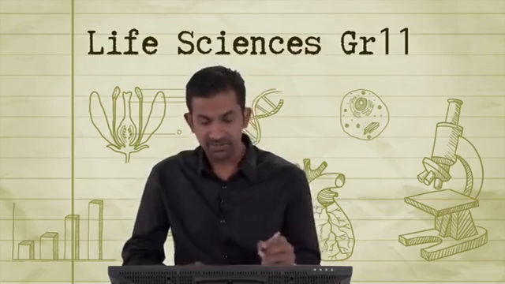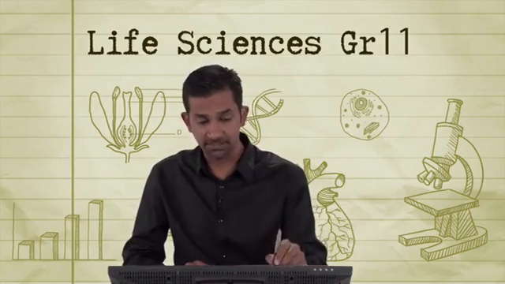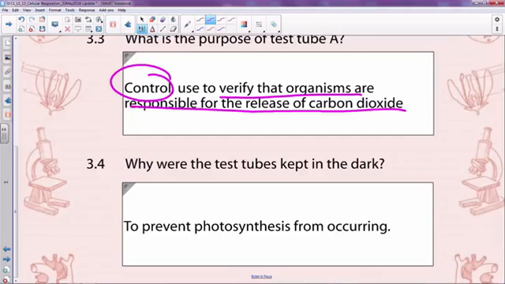So the importance of keeping those test tubes in a dark room was to prevent photosynthesis from occurring, and hence to investigate one variable, which was the presence of oxygen for respiration by those plants, and thus producing carbon dioxide.